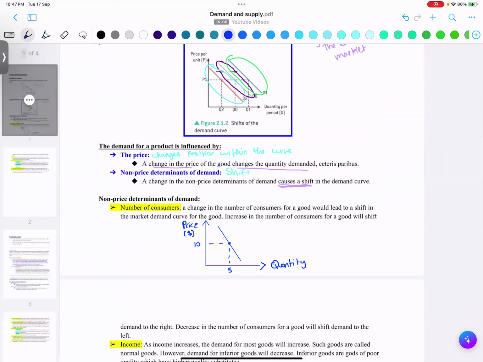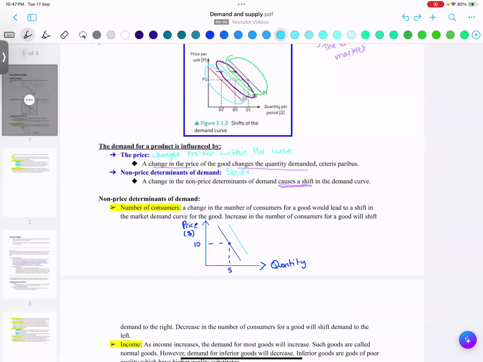And now, when you see that there are more customers, so the increase in customers, then the demand curve will shift to the left. What happens when the demand curve shifts is that the price will actually eventually increase as the quantity is increasing.